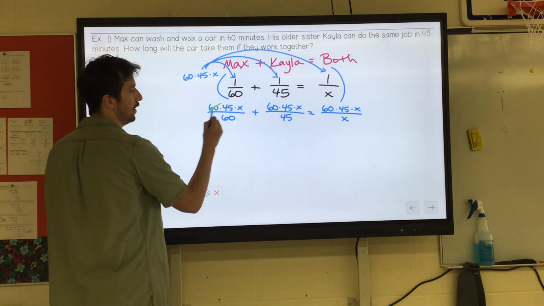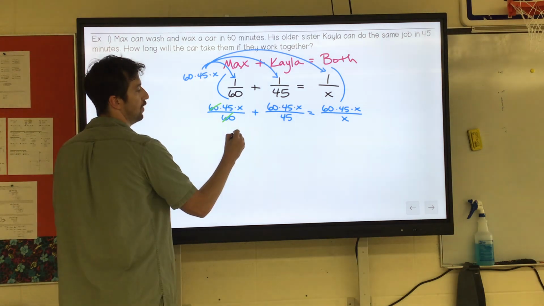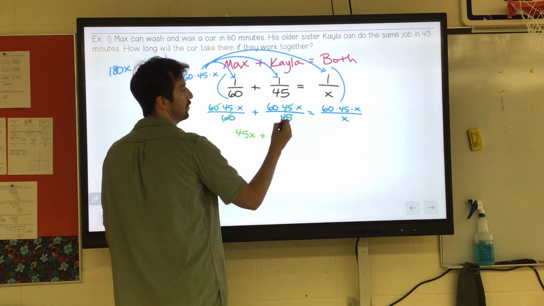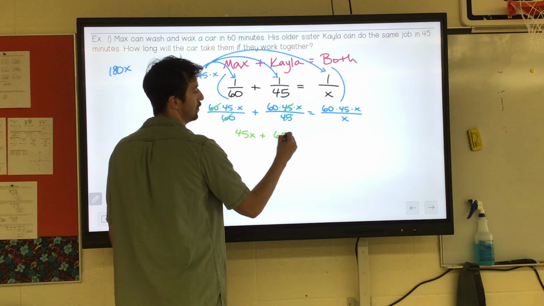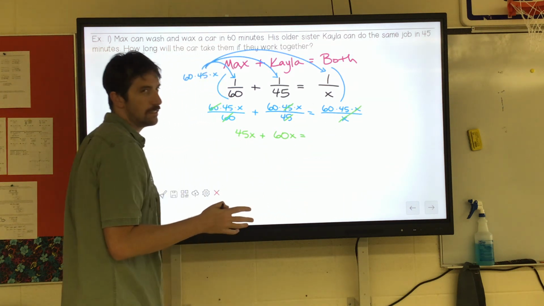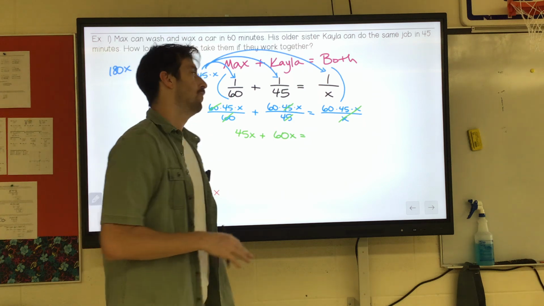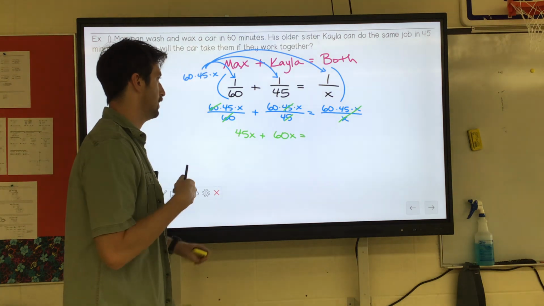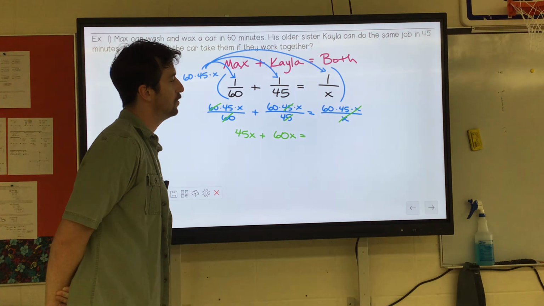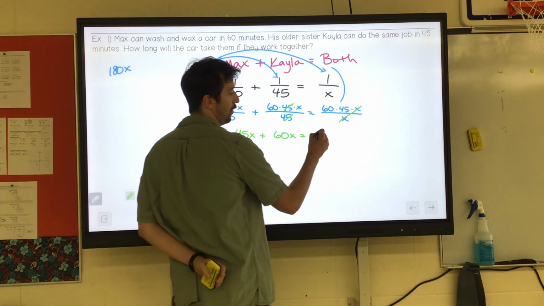Here the 60s cancel, so we're left with 45x. Plus, here the 45s cancel, you're left with 60x. Equals, here the x's cancel, so we are left with 60 times 45. 45 times 6, 45 times 2 is 90, times 3, 270, 2,700, I think.